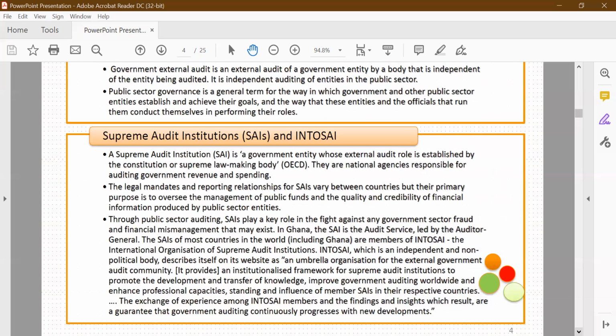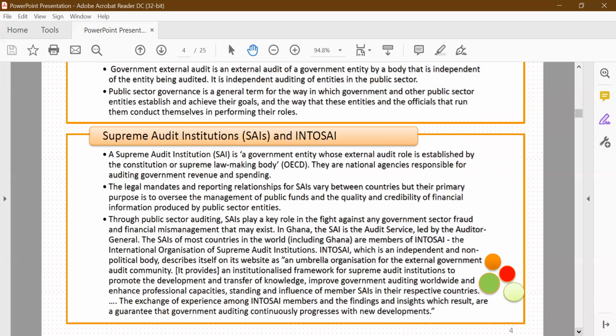It's just an acronym for International Organization of Supreme Audit Institutions. INT is international, O stands for organization, S stands for supreme, A stands for audit, I stands for institutions. So it's a body whose members are supreme audit institutions.